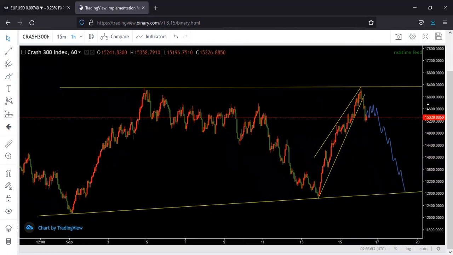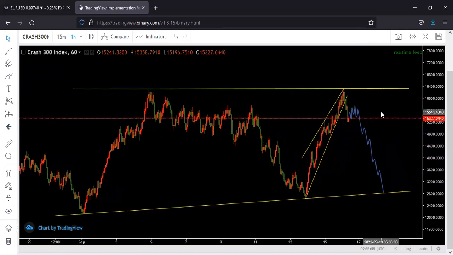So it's like this, simple and clear. So remember that we have this opportunity. Just remember to find your entry, find your exit, use proper risk management, and I wish you all the best.